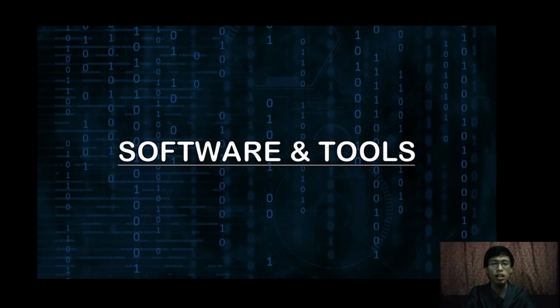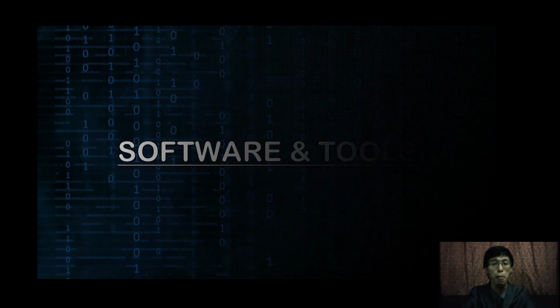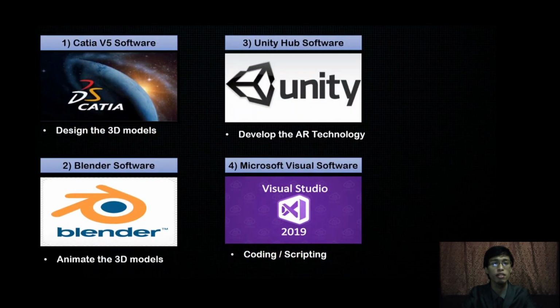Software and tools that I have used. First, CATIA V5 to design the 3D models. Second, Blender software to animate the 3D models. Third, the Unity Hub software to develop the AR technology. And the fourth, Microsoft Visual Studio for coding and scripting.